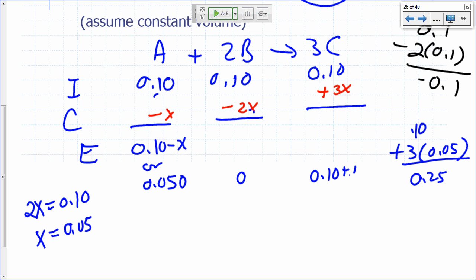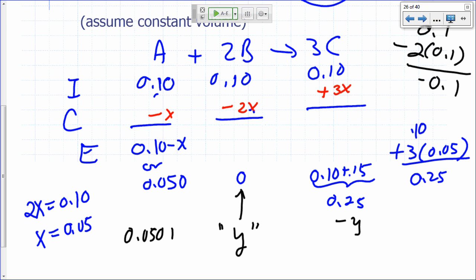That's 0.25, right? So this is 0.25. Well, it's not really going to go all the way, right? There's going to be a trace amount left here, so we're going to call this y. So we're going to lose a little bit y there, and I'm going to get a little trace amount of y here. So this is going to be 0.050 plus y.